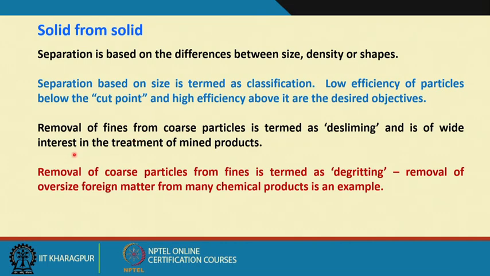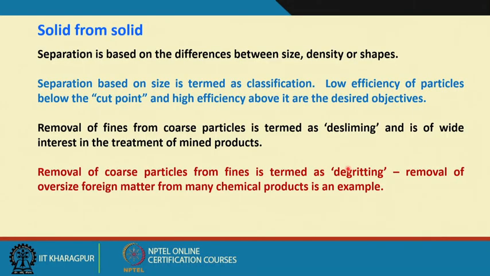It is of wide interest in the treatment of mined products, because mostly the mined products have clays. So, we want to first get rid of these clays at the very beginning, so that they do not interfere with my other separation processes, because these clays are very fine particles, they will increase the viscosity of my fluid, and then I will have problems in the material flow characteristics in a fluid medium.